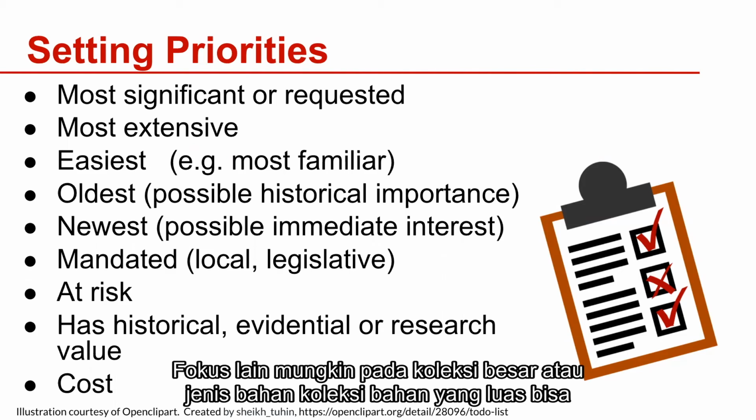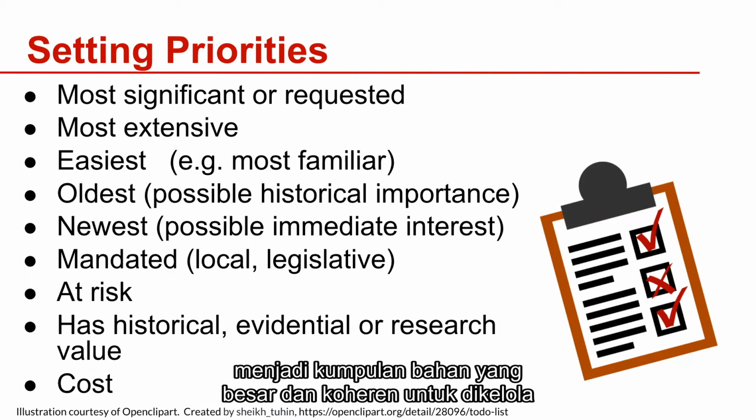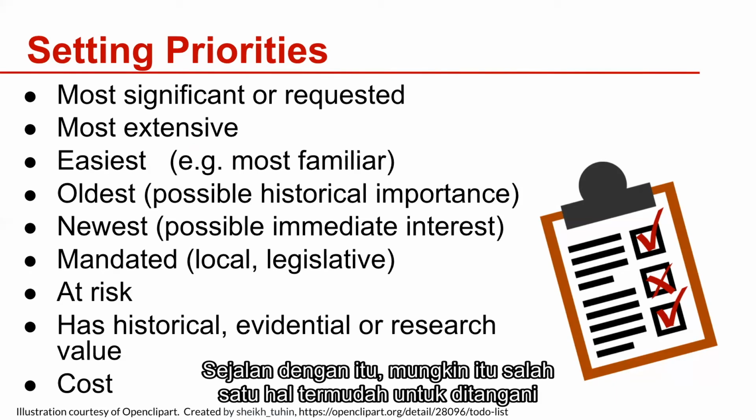Another focus may be on a large collection or type of materials. An extensive collection of materials could be a large coherent body of materials to manage. Going along with that, that may be one of the easiest things to tackle.